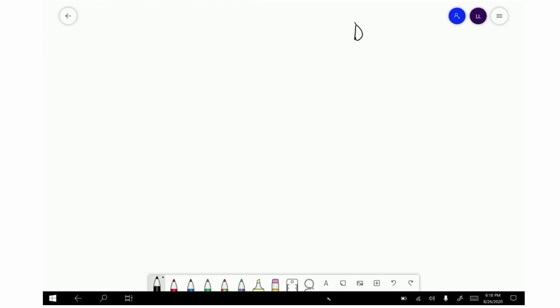This is our dilation work. Remember, we have to prove that the lines are parallel. That means the slopes are the same for parallel lines. So that's one thing we have to prove.